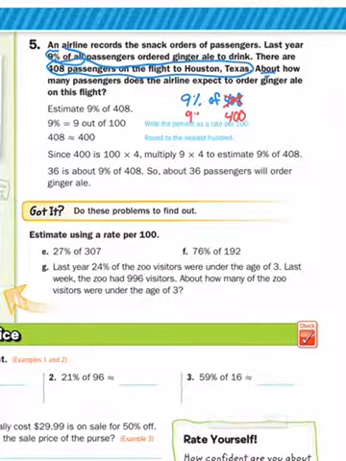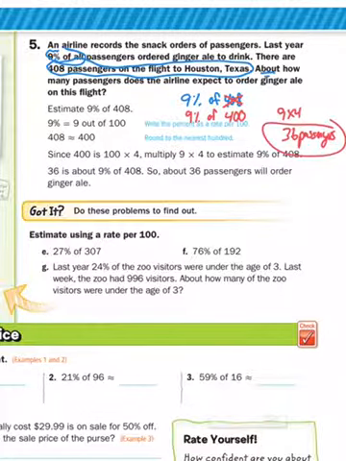And 9% of 400, well, this won't be too hard. Because if you can find 9% of 100, which is 9, 9% of 400 would be 9 times 4, which is 36. So about 36 passengers should drink ginger ale.